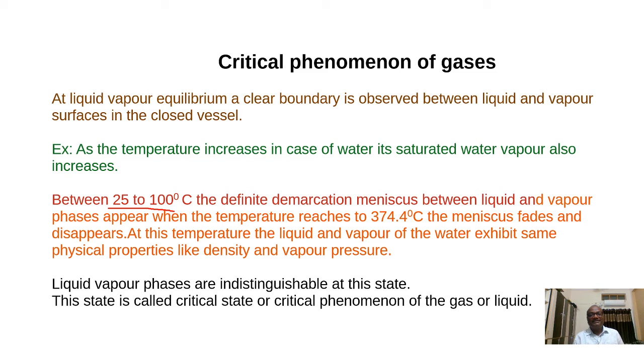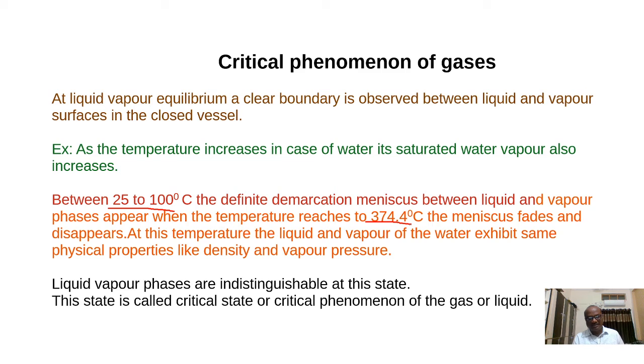But when the temperature reaches 374.4 degrees centigrade, then what happens? The meniscus fades and disappears. Means the boundary separation which we were observing between the liquid and vapor will disappear.